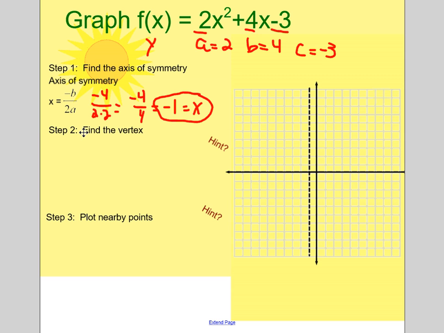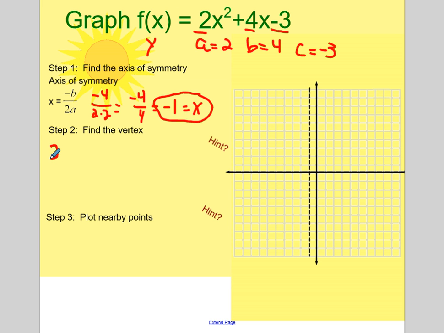So the next step is to find your vertex. Remember, the vertex is either that bottommost point or your topmost point. Okay, so I'm going to use this information that I have here. I know that x equals -1. Hey, look, there's x's in my formula. So I'm going to plug this right in.